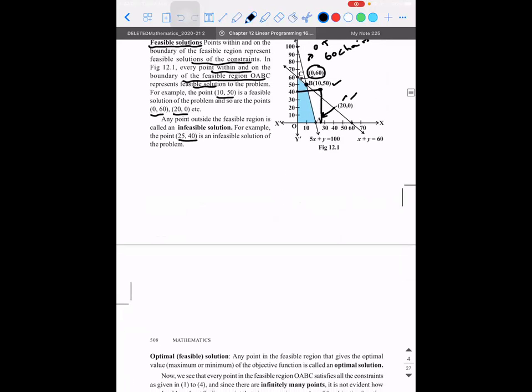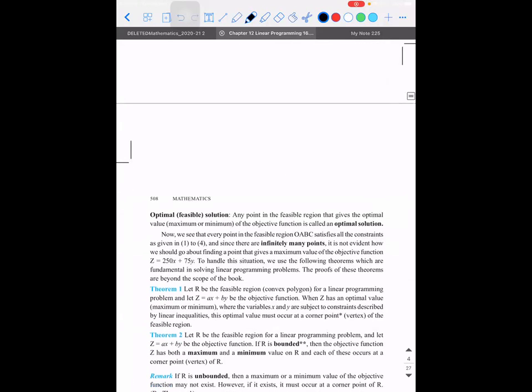So here our concept is restricted to feasible. Any point in the feasible region that gives the optimal value of the objective is called the optimal solution. So since there are infinitely many points within the shaded region, we can try out the corner points, right?